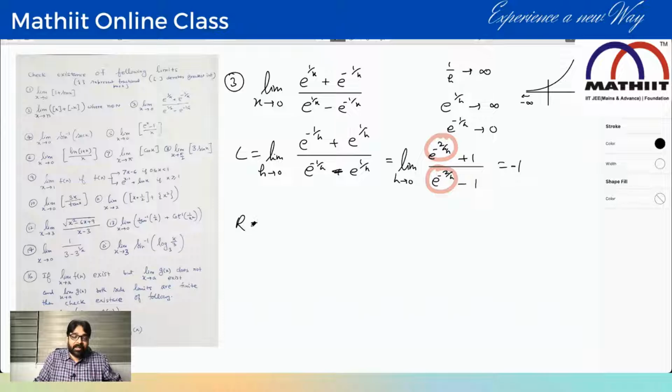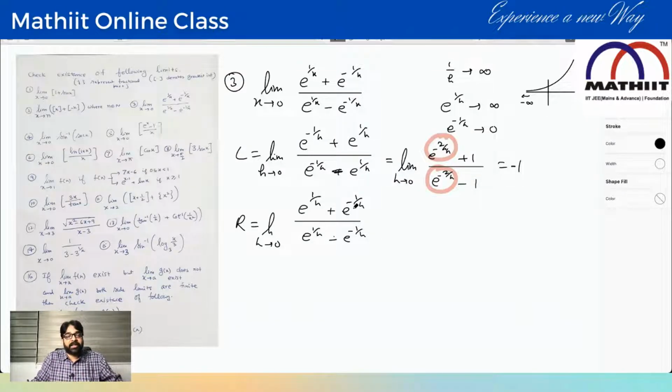Same way, right hand limit. Limit h approaches 0. Now this time x will be replaced by 0 plus h. So this will become e power 1 by h plus e power minus 1 by h divided by e power 1 by h minus e power minus 1 by h. I hope you are able to understand. Again, same drama. This is infinity, this is 0, this is infinity, this is 0, so infinity by infinity form.